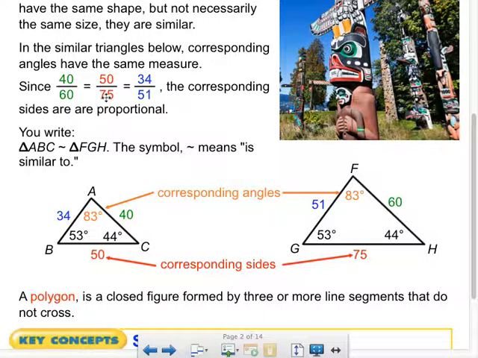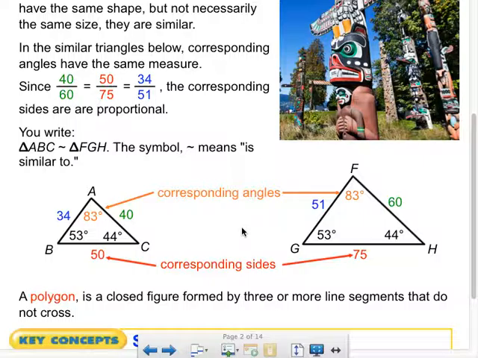And look at this, 50 and 75, these sides correspond. And then take a look at this, 34 and 51, those sides correspond. You guys see that? So this side and this side match up, this side and this side match up, and this side and this side match up. They're called corresponding parts. And we're going to see how we use our strategies for solving equations to solve some really simple geometry problems.